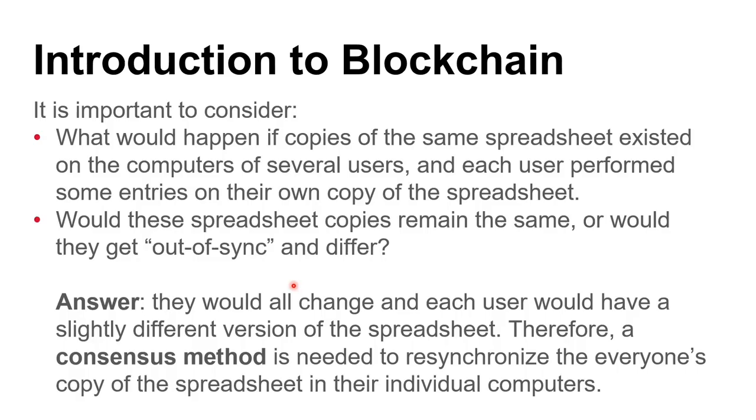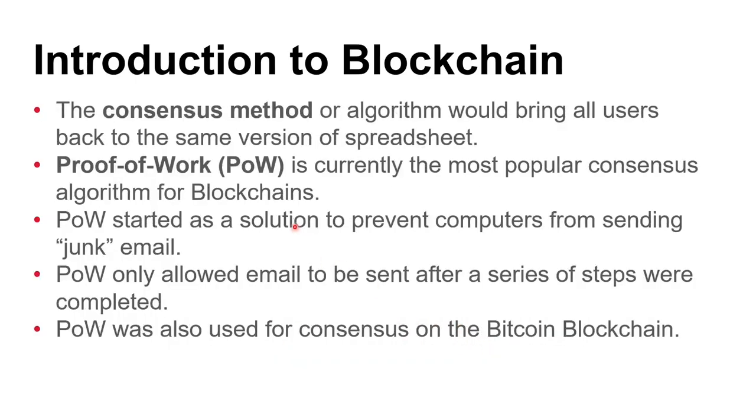And once that community votes, everybody resyncs or gets a fresh copy of that blockchain. So that's what we call the consensus method. Proof of work is the current consensus algorithm or consensus method of Bitcoin. It's very popular for blockchains.